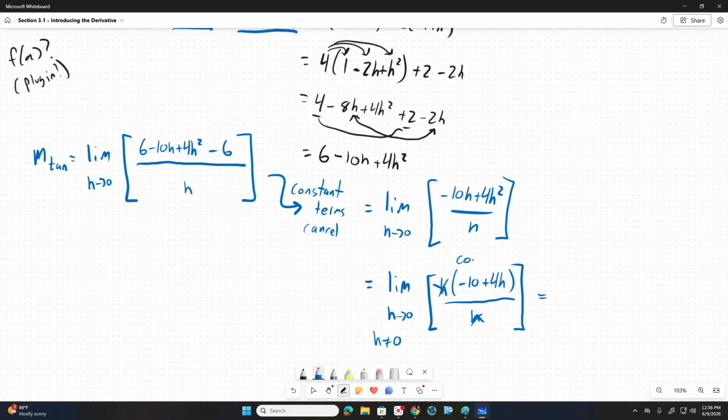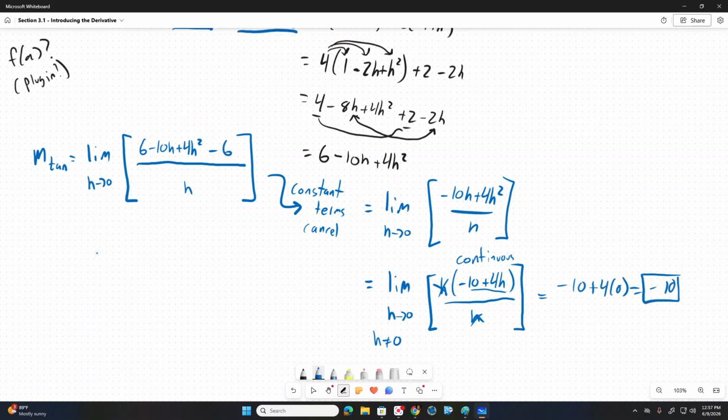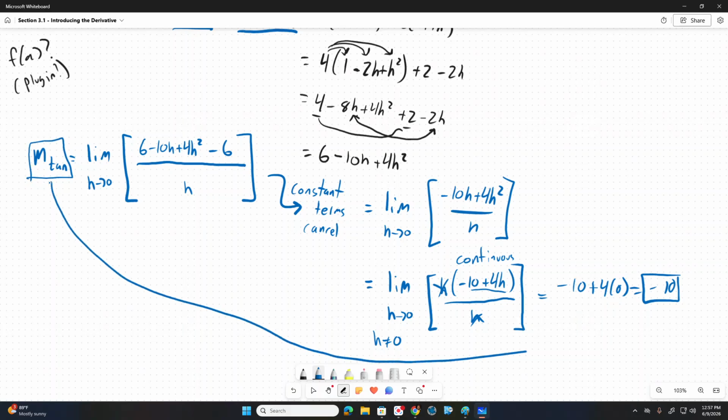And once we've done that, the expression is continuous because it's a polynomial. So we just plug in negative 10 plus 4 times 0. The slope of the tangent line is negative 10 at x equals negative 1.